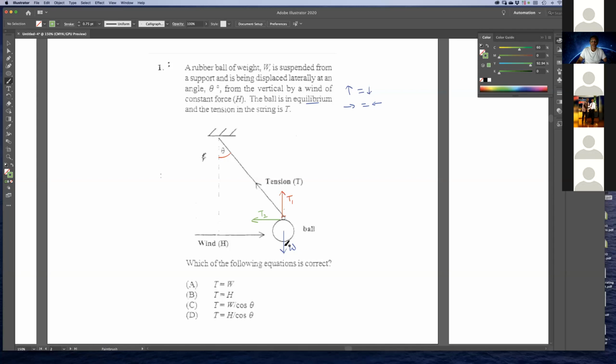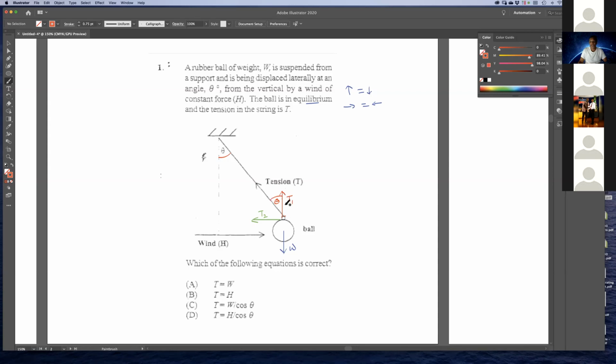Now we have the upward and downward force. The upward and downward forces must be equal. We have the force to the right. It must also be equal to the force to the left. That's what equilibrium is. What is T1? We can resolve forces to find what T1 is. And we know that T1, if the angle theta would be here, you can transfer this angle theta into the Z thing. The angle theta is sitting right here as well.